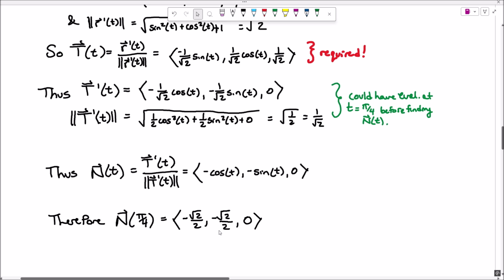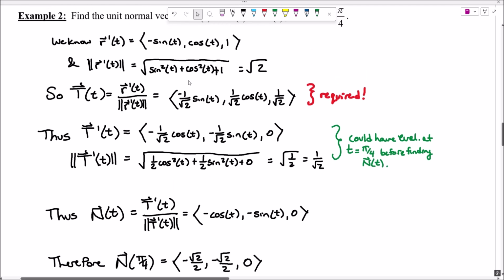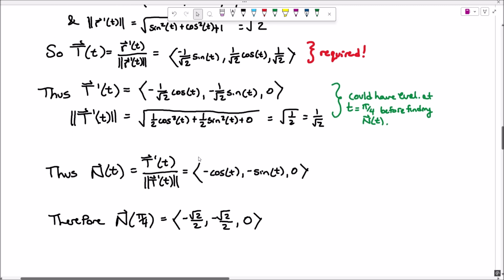So sometimes people kind of miss this important subtlety here. There are times when I can't plug in for t, but then there are other times where I might be able to shortcut my work. For example, it might not have been the case that for every function this norm would have simplified out so easily. And it might have actually been way easier to calculate this norm had I already evaluated it at the value of pi over 4.